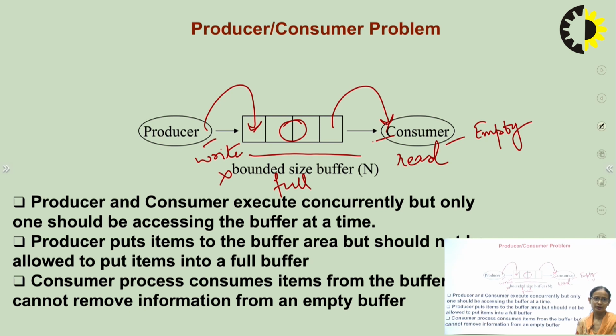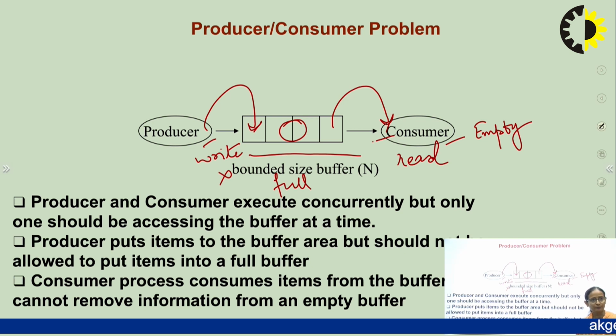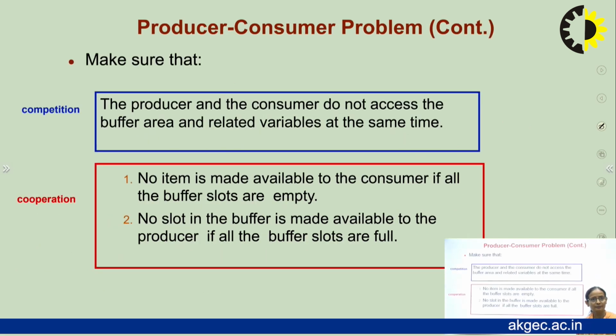So the consumer consumes the items from the buffer but cannot remove info from an empty buffer. So in this case we have two things: one is a competition between the two, and another one is the cooperation between the two.